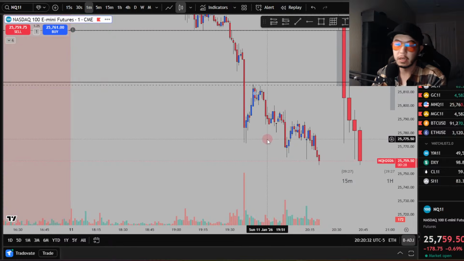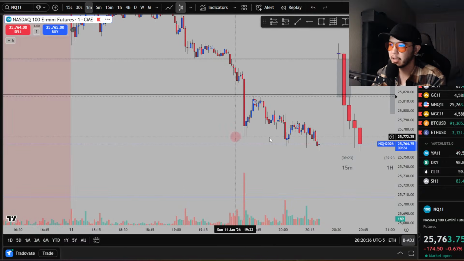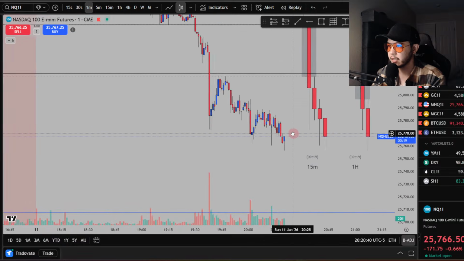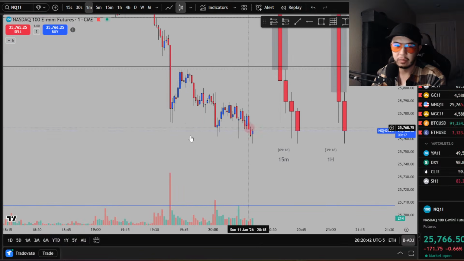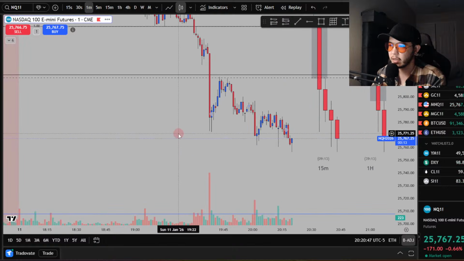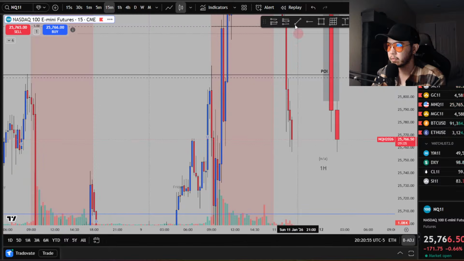My internet is very bad for whatever reason. Look how late my cursor moves. I don't think I want to take another trade with this much delay. The reason why I took this trade is because we had a liquidity sweep. Let me see if I can show them the 15 minutes.